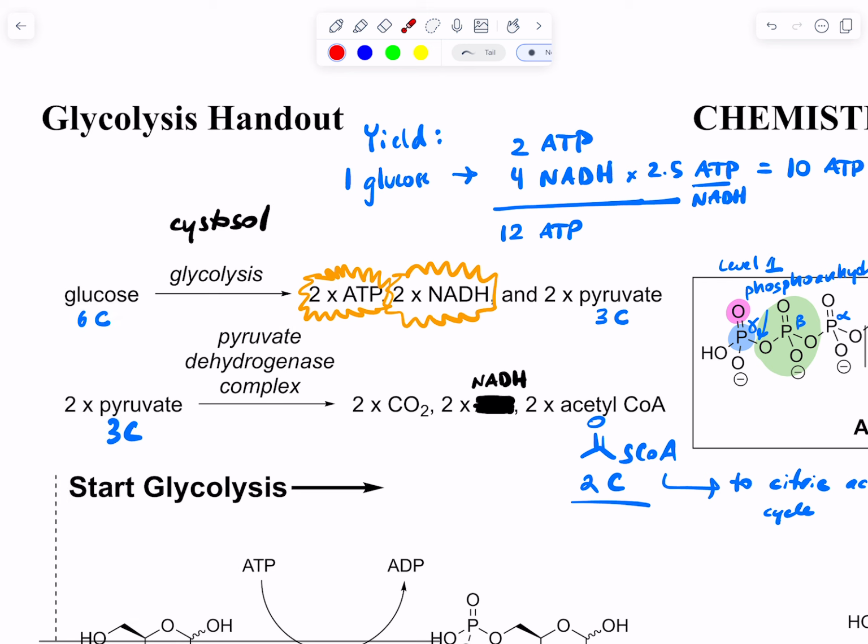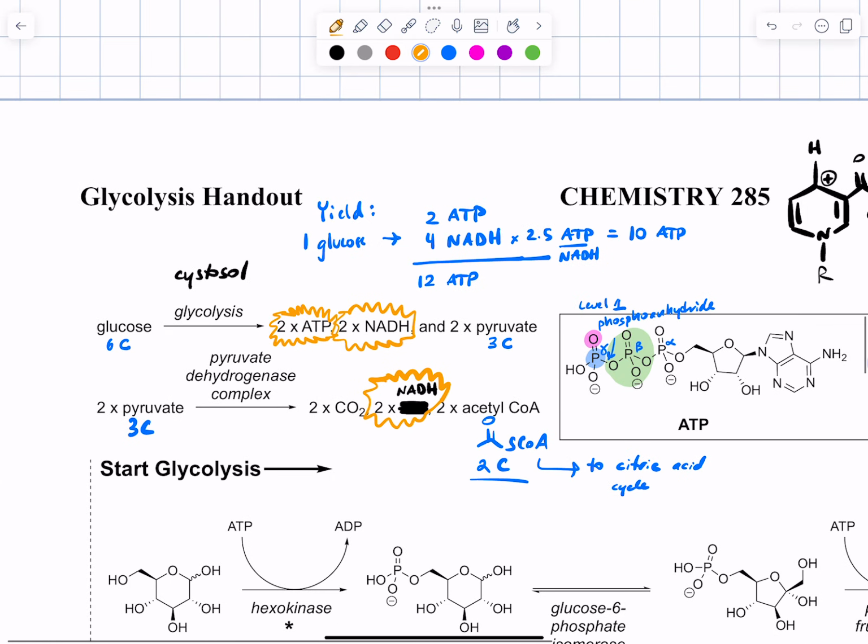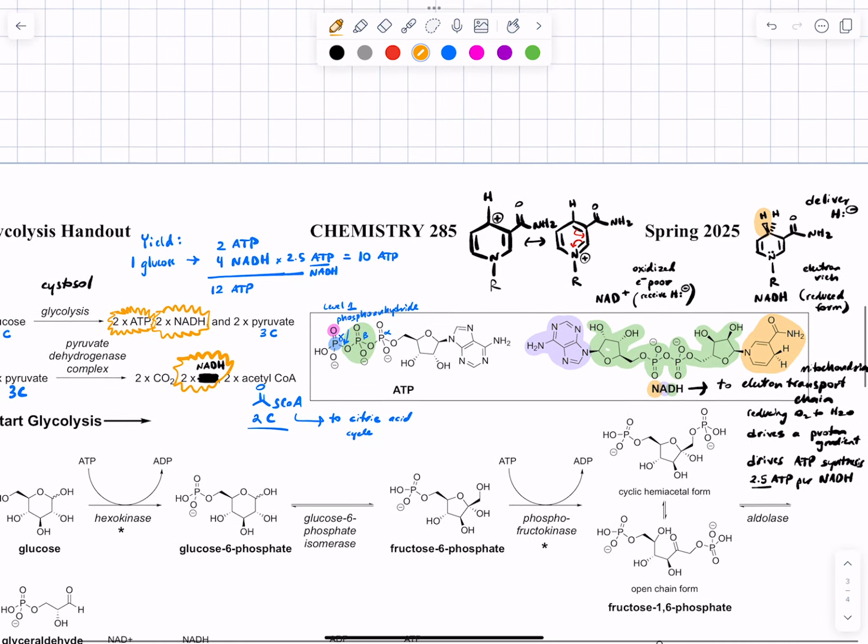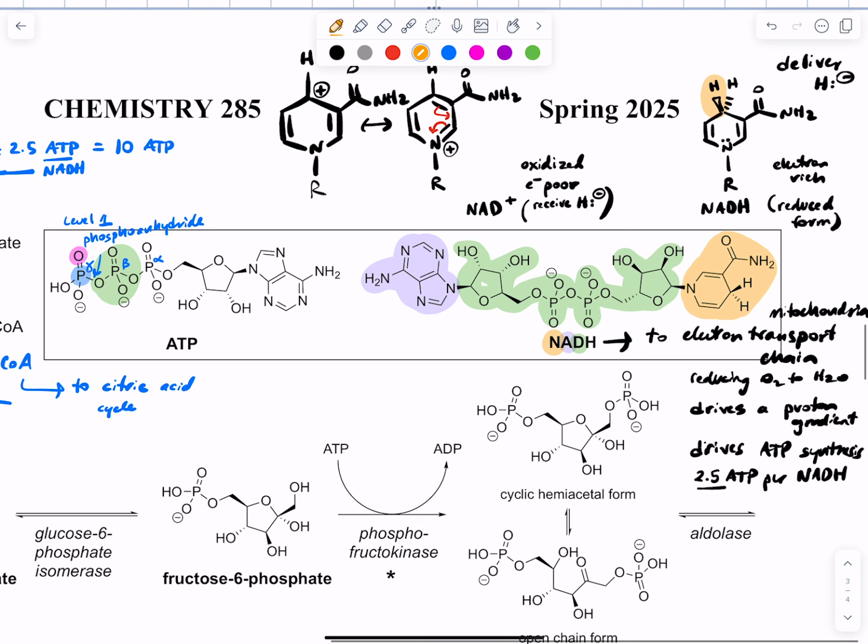2 of them come from glycolysis, and the other 2 come from the pyruvate dehydrogenase complex. Yep. All right, others? Yeah. Where's the 2.5? So in the electron transport chain in mitochondria, NADH can be exchanged for about 2.5 molecules of ATP. We're going to learn about that. We're not learning about it yet.